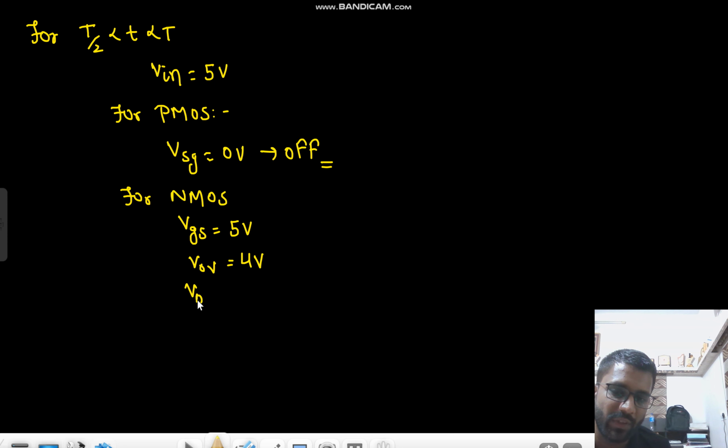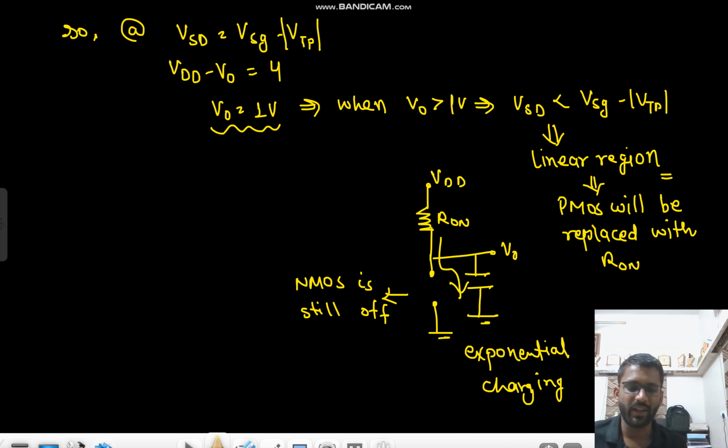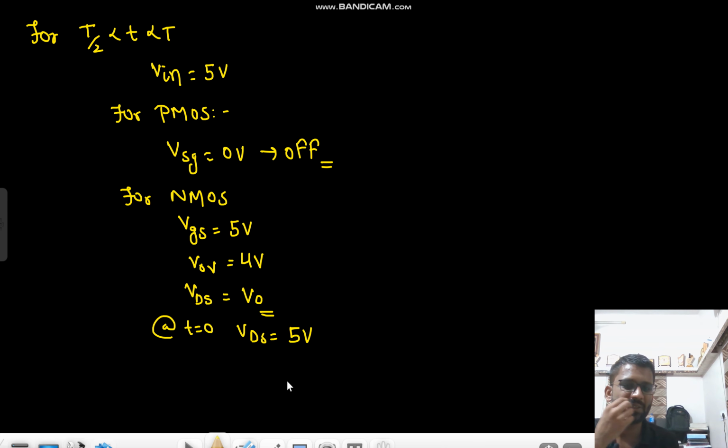And what is your VDS? That is equal to V naught. Currently at t equals 0, your VDS is V naught, that is equal to 5 volt, right? Because it has been charged till 5 volt. So at t equals 0, your VDS is greater than V overdrive.